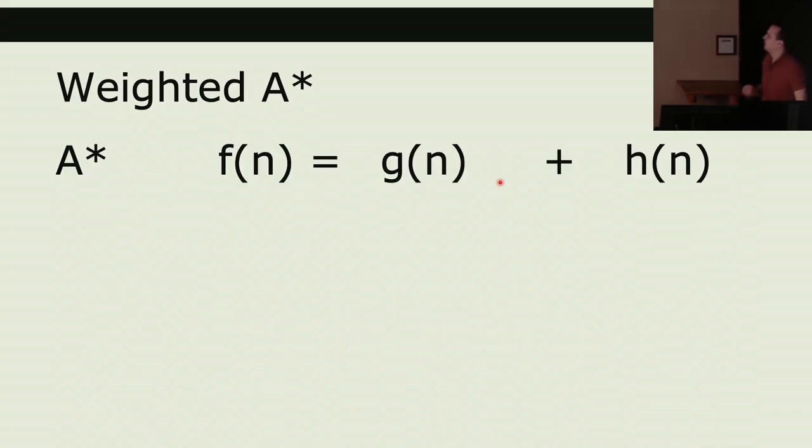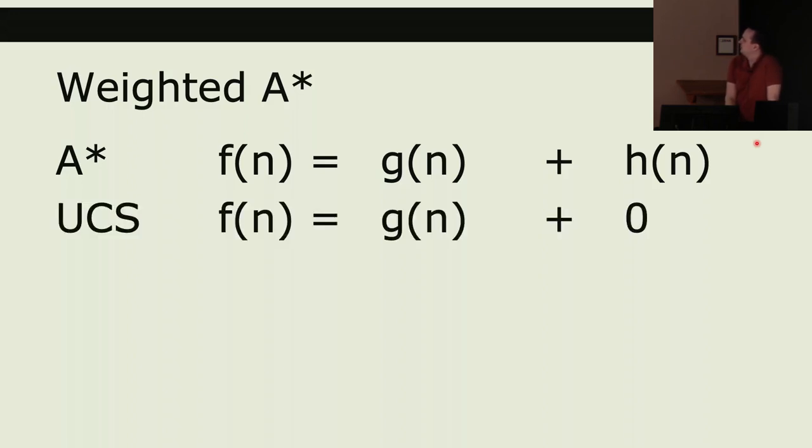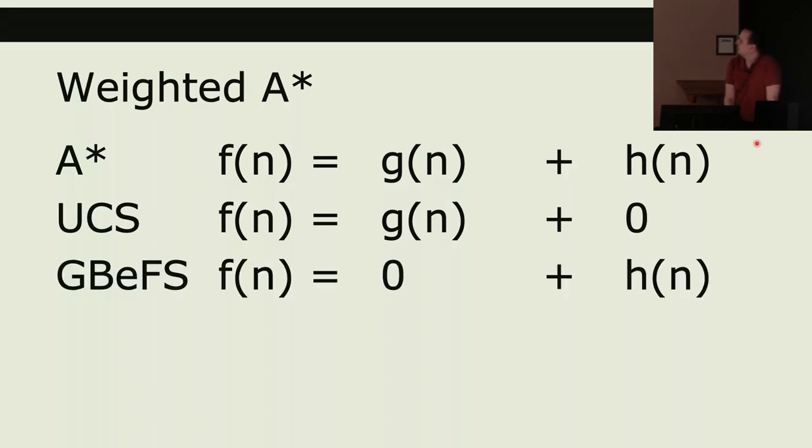So here's A star. f of n is equal to g of n plus h of n. I've intentionally put some spaces here so that I can put some w's in. What is uniform cost search? It's f of n equal to g of n plus 0, right? What is greedy best first search? It's f of n equals 0 plus h of n.